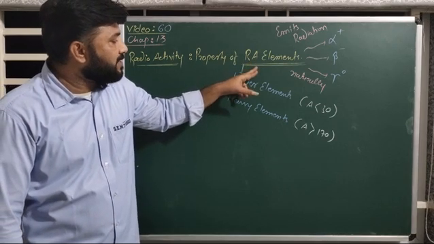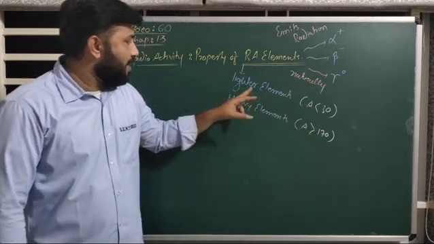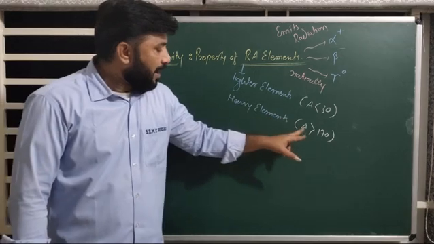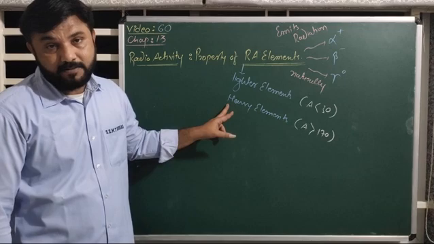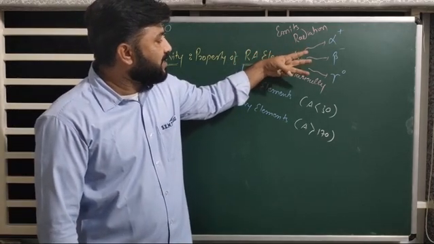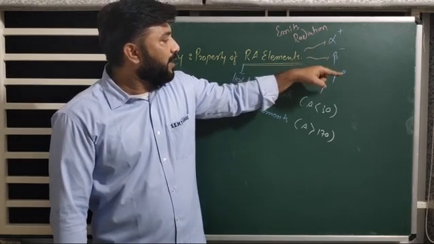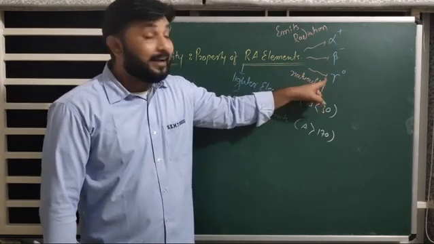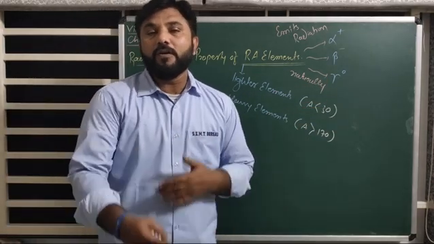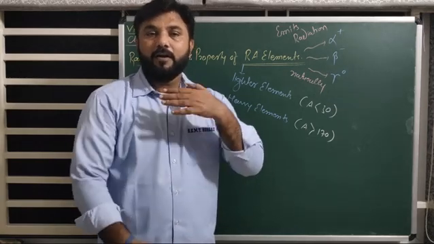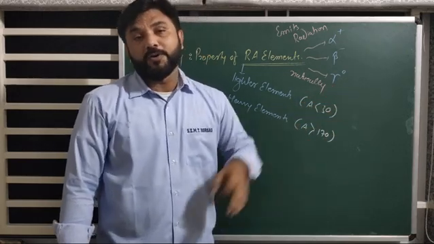Those with atomic mass less than 30 are known as lighter elements, and more than 170 are known as heavy elements. The emitted radiation consists of three kinds of rays: alpha particle, beta particle, gamma rays.